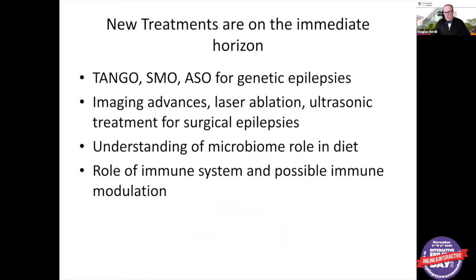So what's on the horizon? These ASOs, and they come in a variety of different flavors for genetic epilepsies. Outside of this conversation, we have imaging advances and surgical advances. There is another whole fascinating area in epilepsy of the role of the microbiome and how that's influencing inflammation.